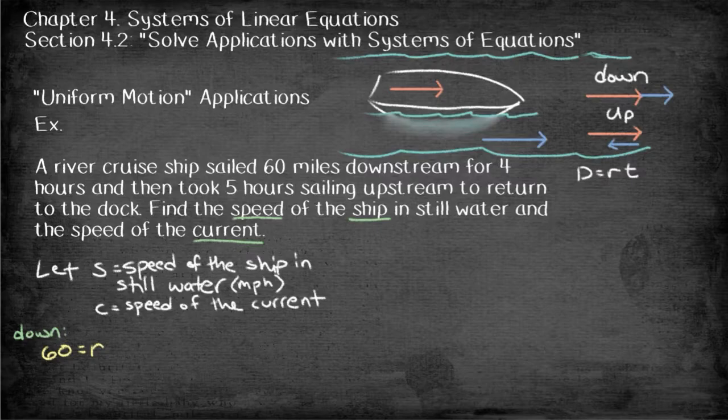I'm going to leave R as R for right now, and we know that T is 4 hours. So let's think about what the R should be. Remember we talked about earlier, the rate at which the boat is moving down the river is going to be the sum of the speeds of both the ship and the current. So that would be S plus C.